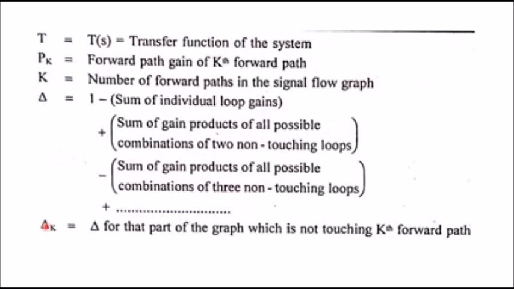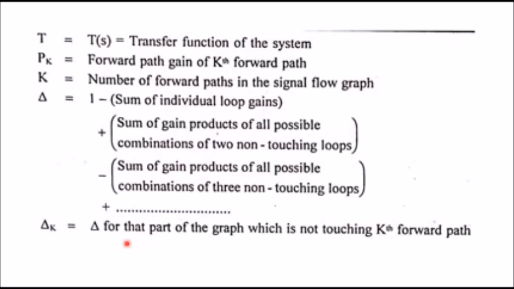What is delta k? What is the difference between delta and delta k? Delta is simple, this formula. But delta k is equal to delta for that part of the graph which is not touching the kth forward path. Let's say we have two forward paths, one is k1 and another is k2.